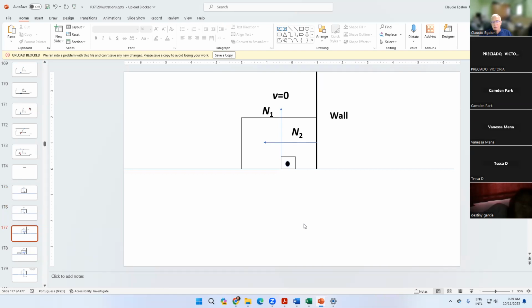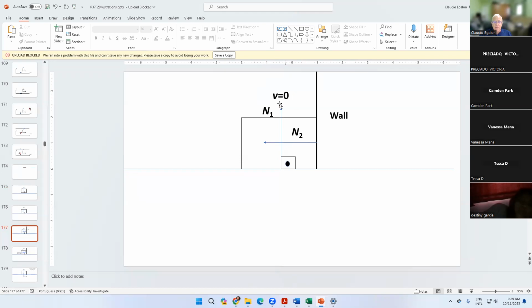And if the object is touching the wall, there will be this other normal force applied to it. Don't forget the velocity of the object is 0. And in order for the velocity of the object to be 0, this force alone should not be correct to draw a diagram like that, because this implies that this object would have a net force to the left upwards.